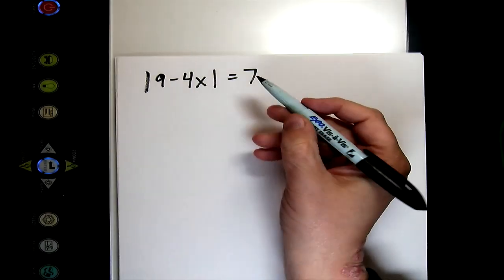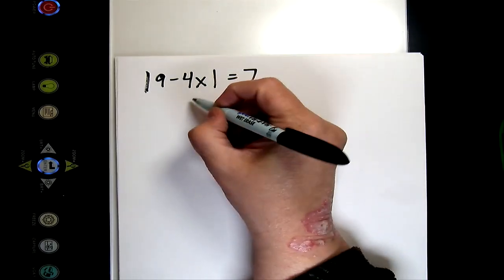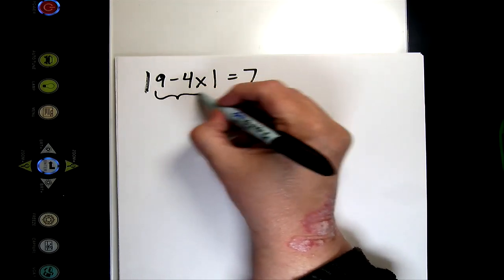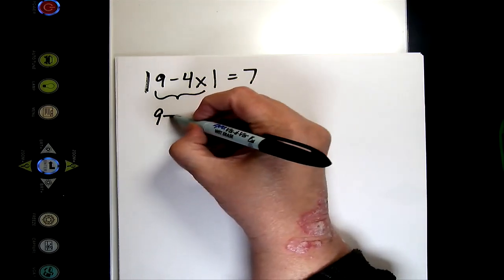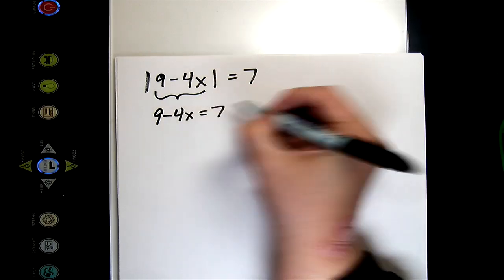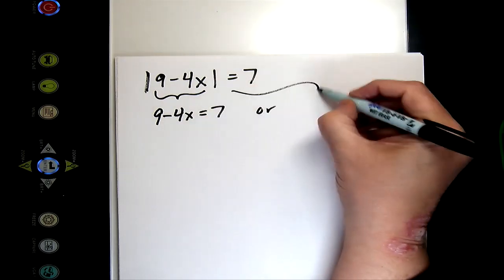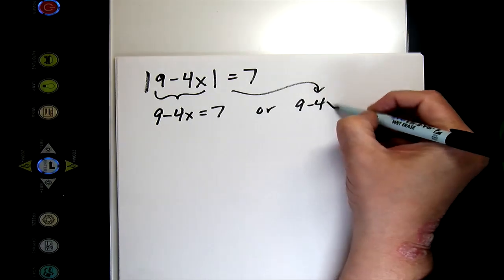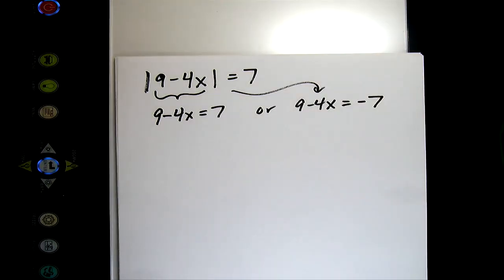So this means two things. This means whatever's inside equals 7, or whatever's inside equals -7. You have to solve two equations.